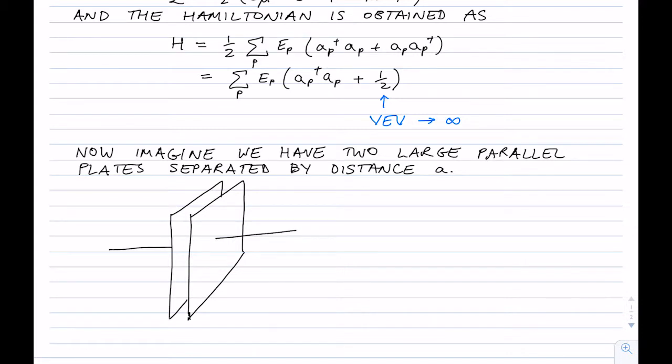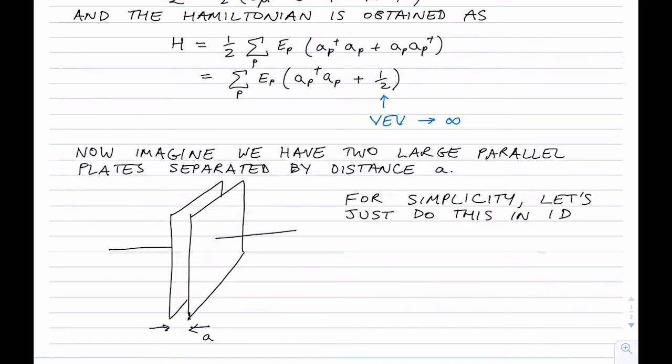And so this spacing here is a, and for this case, we're just going to do it in 1D for simplicity. And in 1D, we're just going to have that the wave function at the left plate and the wave function at the right plate vanish. So that's kind of the setup, and it'll make it slightly easier for us.